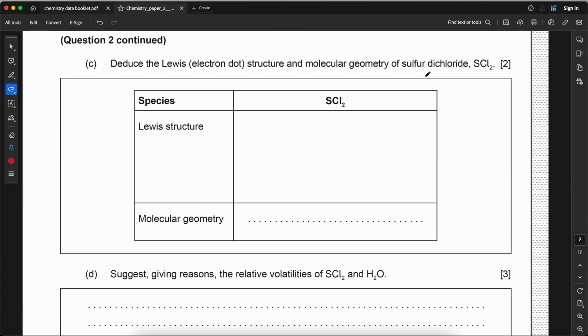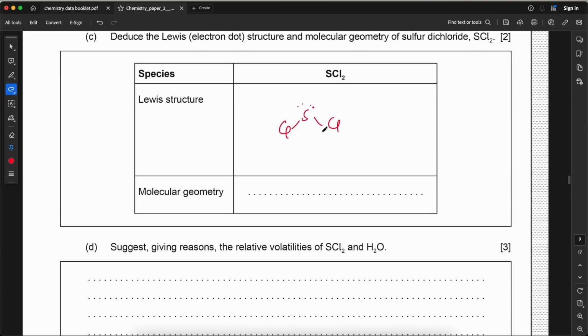Deduce the Lewis electron dot structure and molecular geometry of sulfur dichloride, SCl2. Molecular geometry: it's bent or V shape.